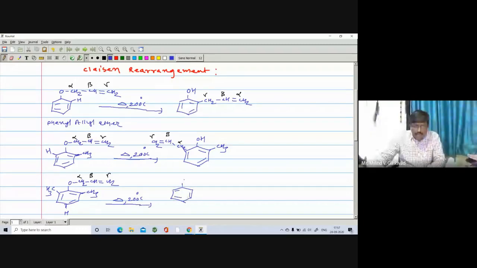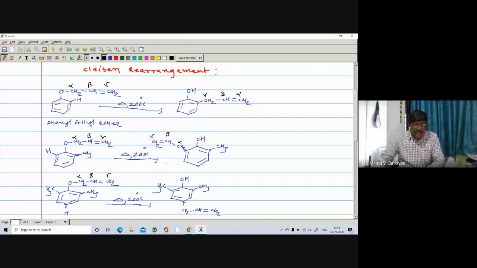Here is a CH3, here is a CH3, but there is an attack of this allyl group, CH2, CH double bond CH2, and the position of this carbon will be like this one.